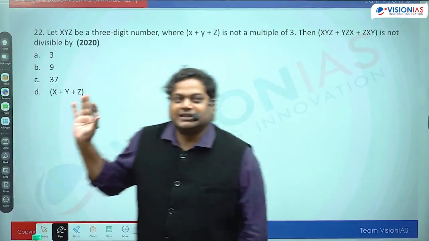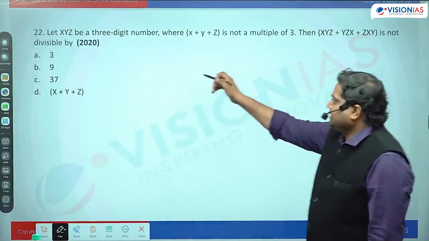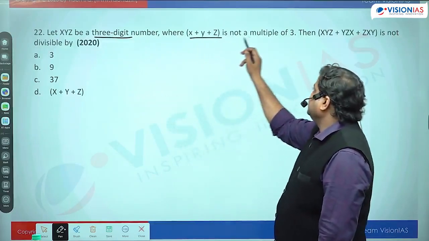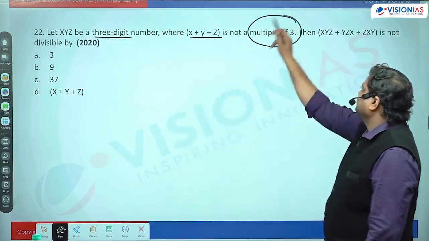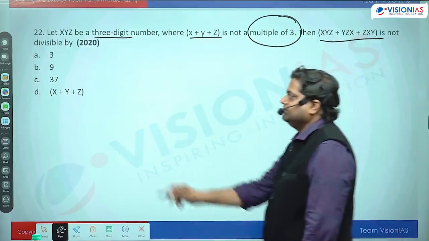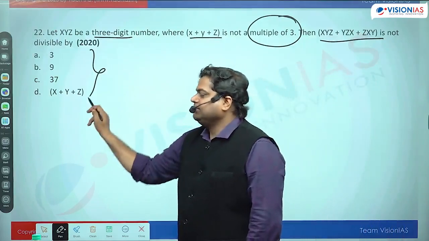Let's solve this question. It is a 3-digit number where x plus y plus z is not a multiple of 3, then this is not divisible by which number?